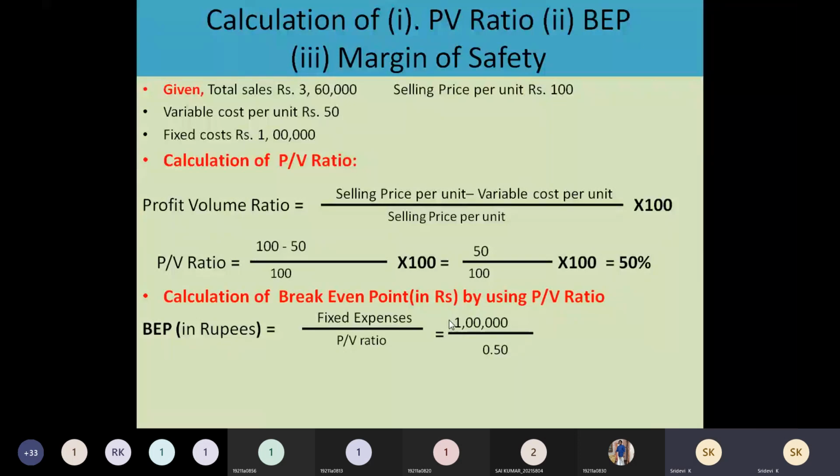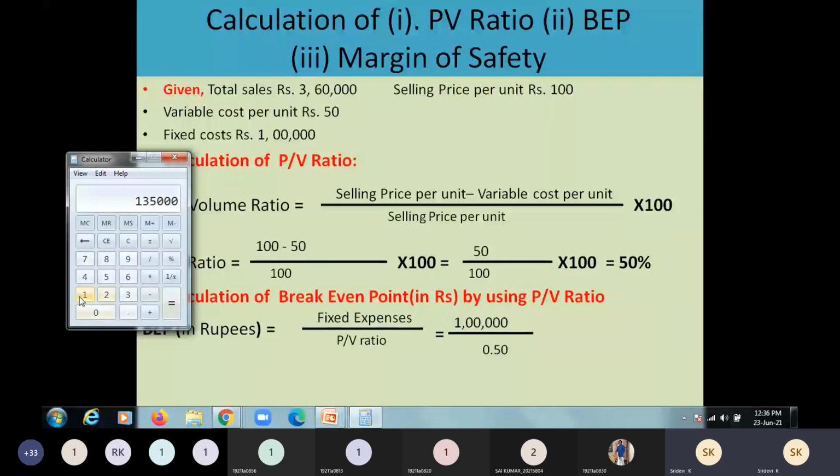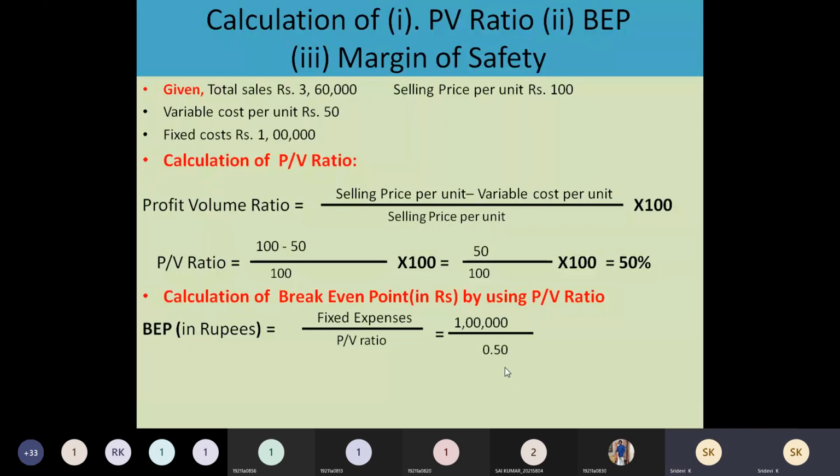Where is the calci? 1 lakh divided by 0.50. So how much will you get? 2 lakhs. Okay, the result is rupees 2 lakhs. So this is the break-even point in rupees.